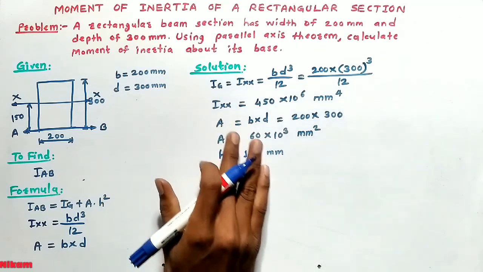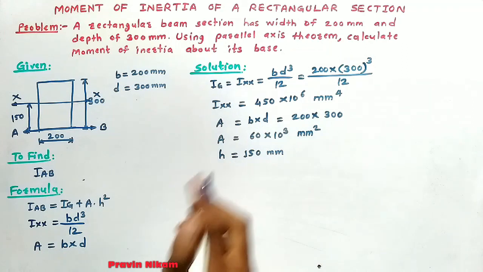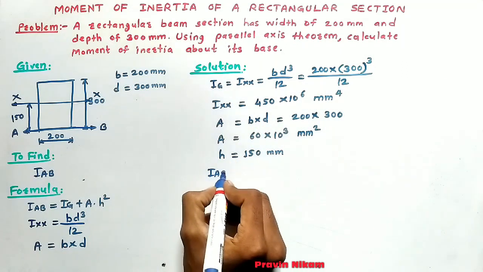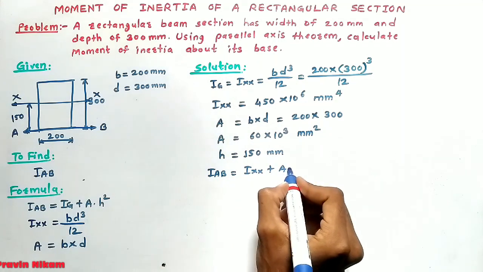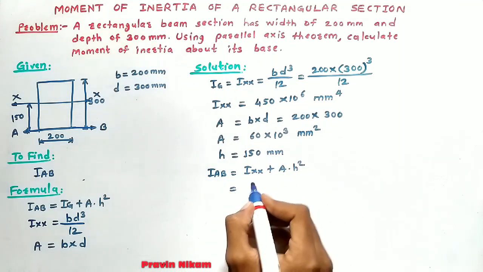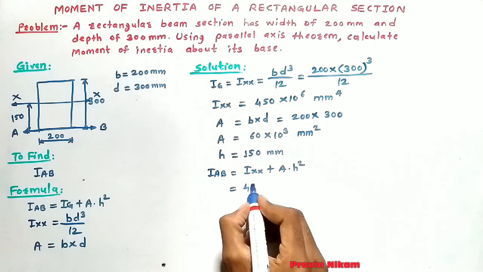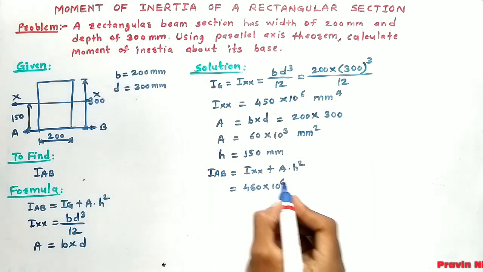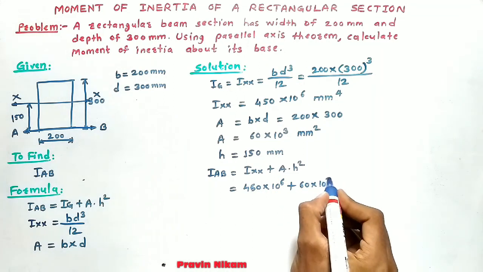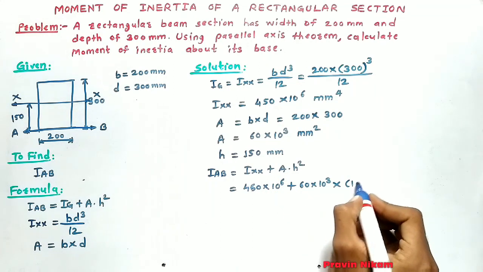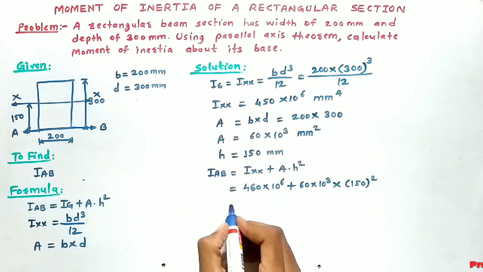Now put all these values in this equation. IAB is equal to IXX plus A into H square. So IXX is 450 into 10 raised to 6 plus area 60 into 10 raised to 3 into H, which is 150 square.